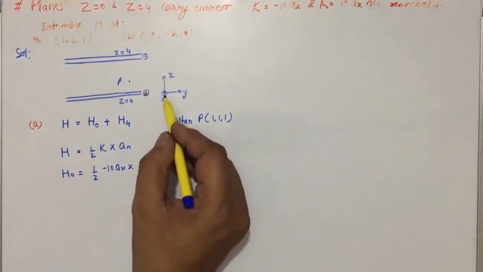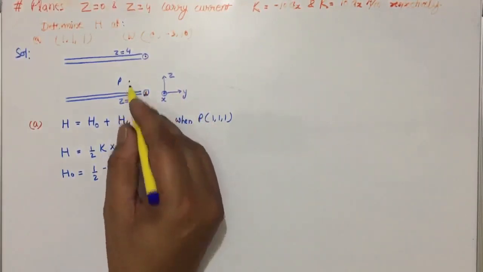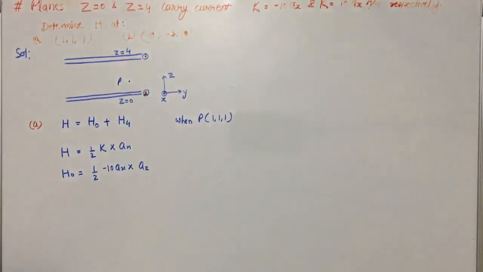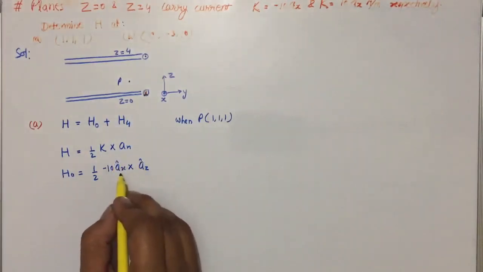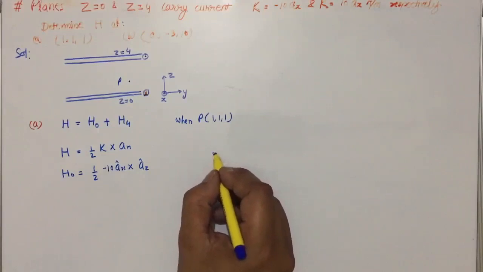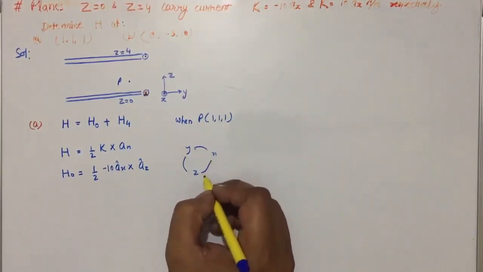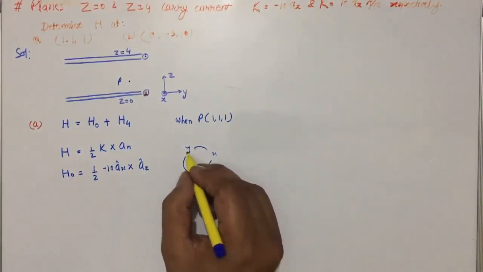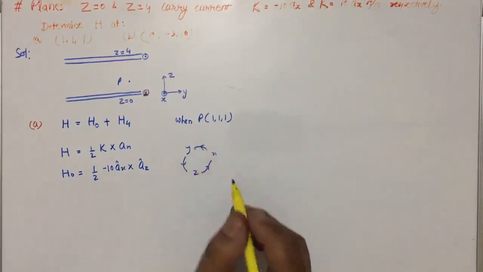So if we have considered this, according to that, AN for this point will be plus AZ, and the cross product of AX and AZ will give us, from X, Y, Z like this, minus AY, because this is positive.